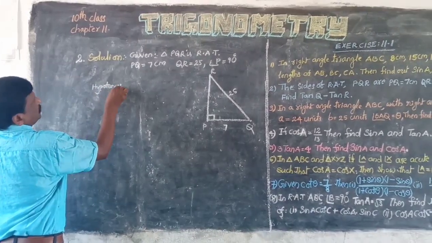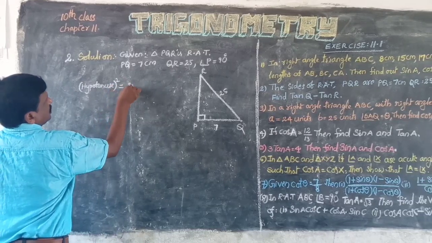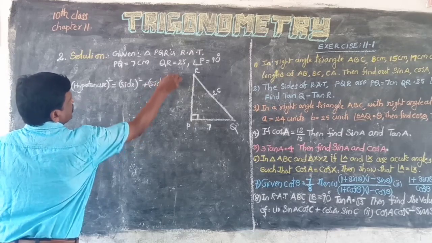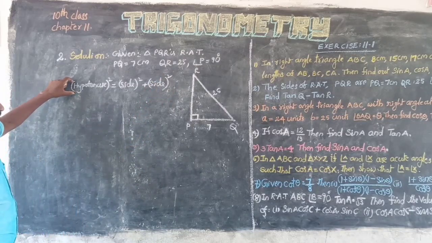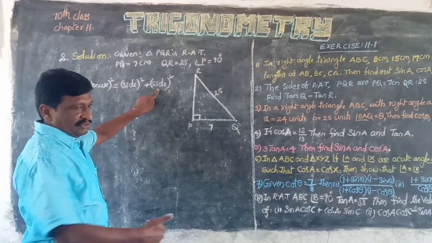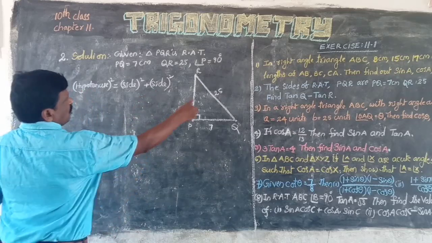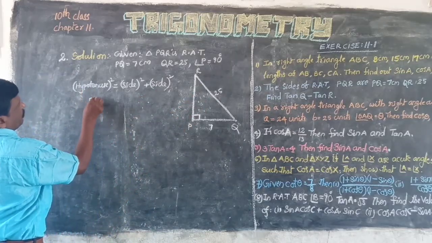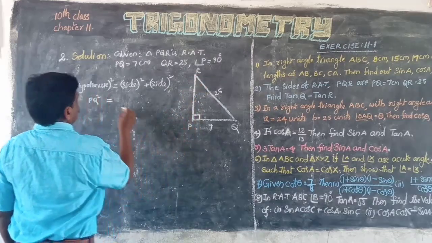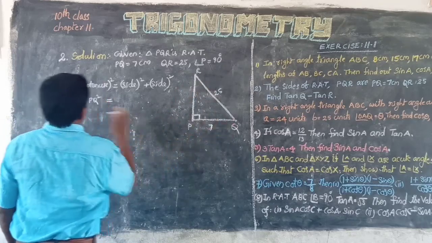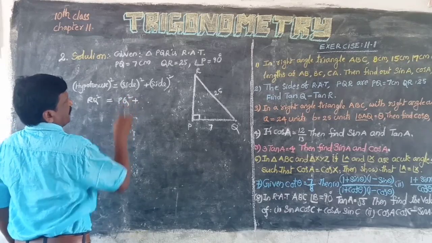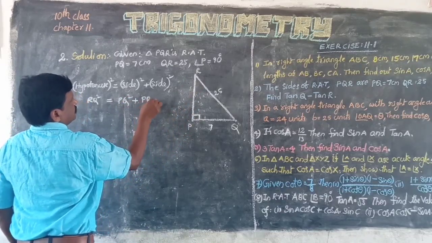So, hypotenuse square is equal to side square plus side square. Pythagoras formula. You learned it first. So, RQ square is equal to PQ square plus PR square.